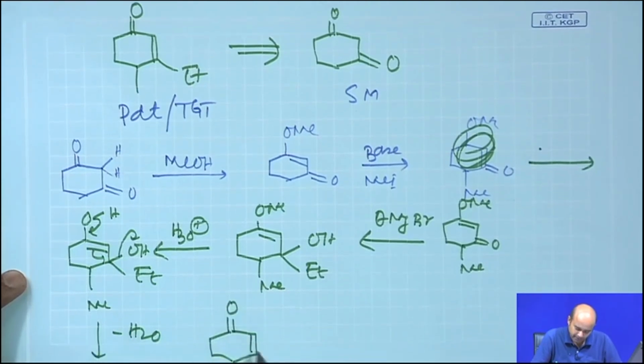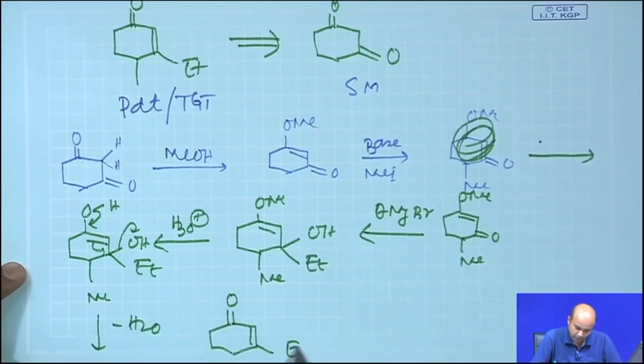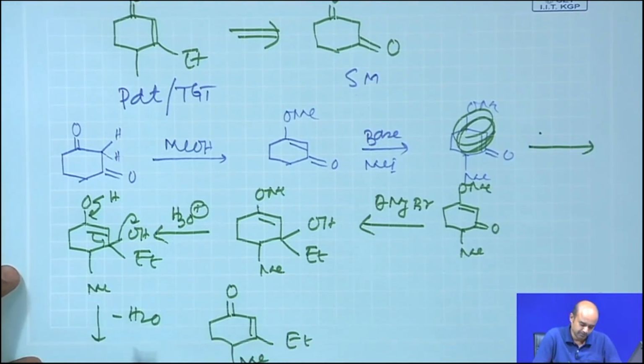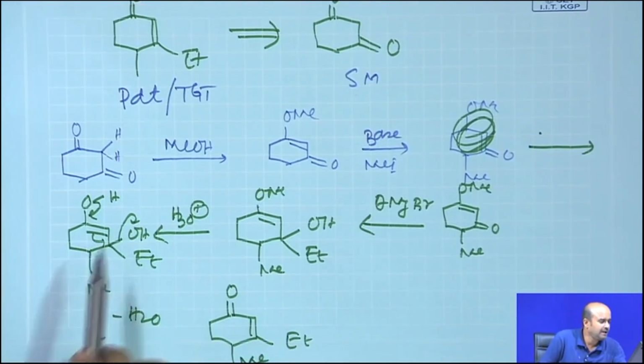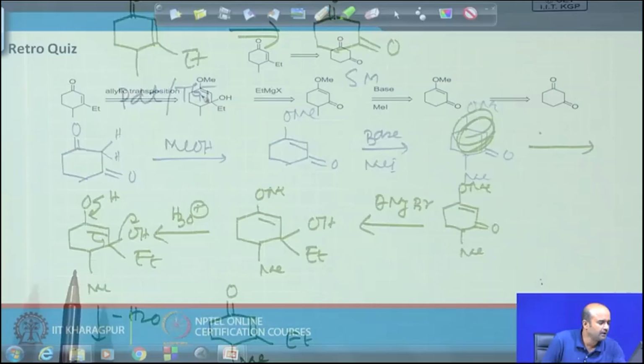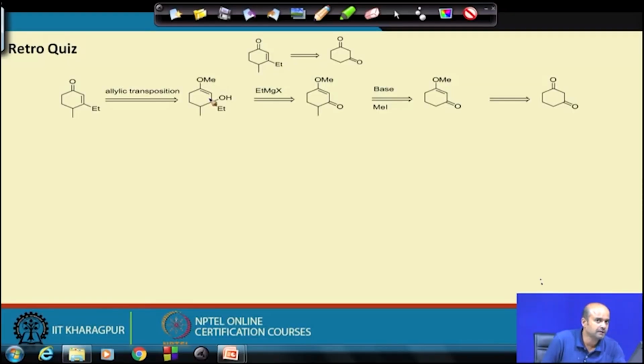This reaction is pretty interesting and is often regarded as an allylic transposition reaction, meaning that this is an allylic double bond, and this allylic double bond is basically migrating or transposed. Transposed means changing the position. So, this double bond is coming from here to here, that is why it is called allylic transposition.